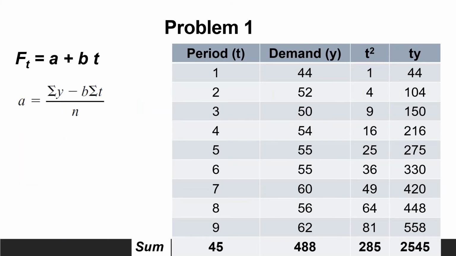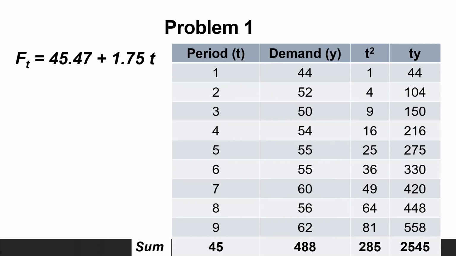Now, substitute in the equation of a: a equals (488 minus 1.75 multiplied by 45) all divided by 9, which equals 45.47. Knowing the values of a and b enables us to construct the trend line equation to be Ft equals 45.47 plus 1.75t.